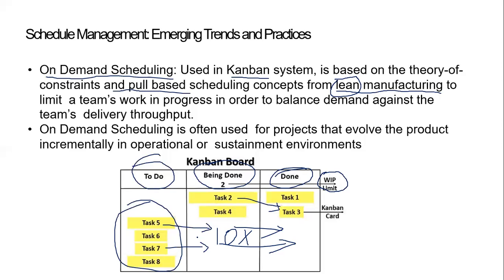It's not an effective way of managing your time. So if I have 4 people in my team, then 4 to 6 cards should be there. As a project manager, you need to make sure the WIP limit is known to people, and it should not go beyond 5 or 6. If it comes to 10, that means there is a problem. Let's move on.